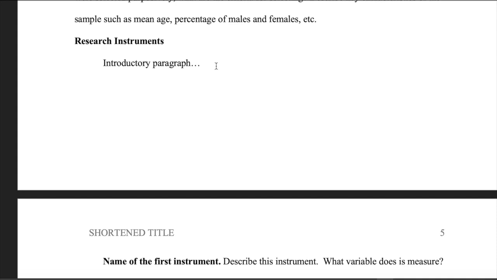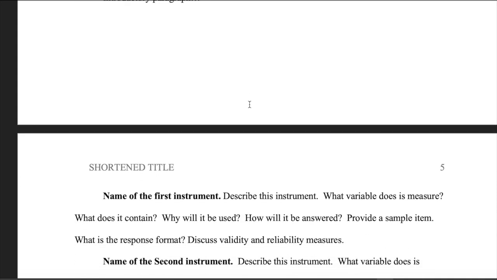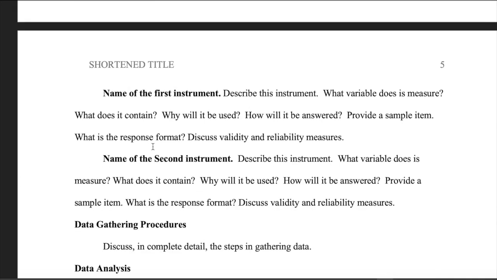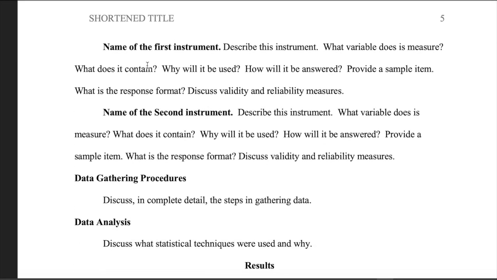Next would be the research instrument. So you can also begin with an introductory paragraph, and then a description of your instrument. Put here the actual name of your instrument, of your scale, and describe it. Here are some of the things that you need to discuss. What variables does it measure? What does it contain? How many items? Why will it be used?